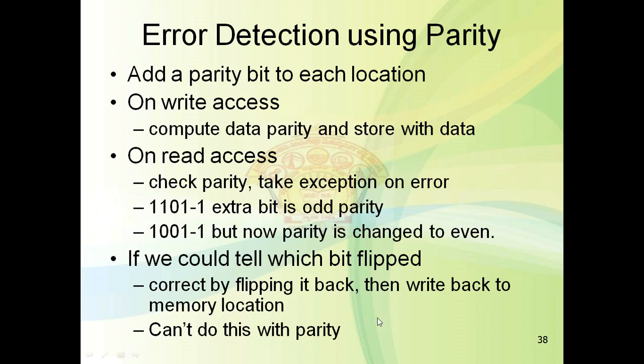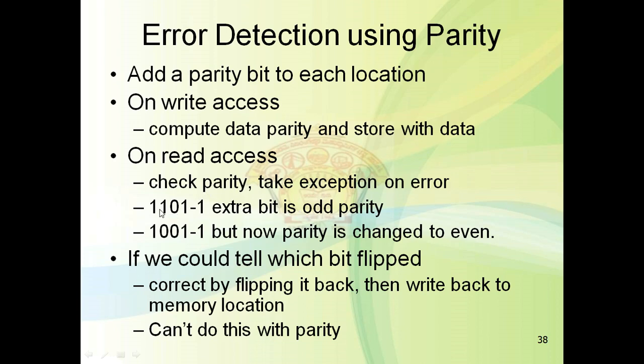On a read access, we check the parity and take the data without the parity bit. In this way we can detect whether an error has occurred or not. See here one simple example, 4-bit data: 1101, and one extra bit added, called the parity bit, here for odd parity.